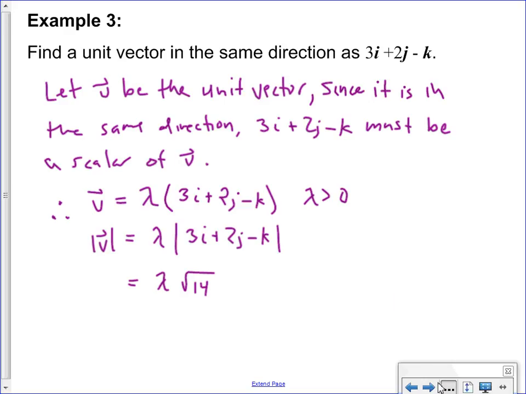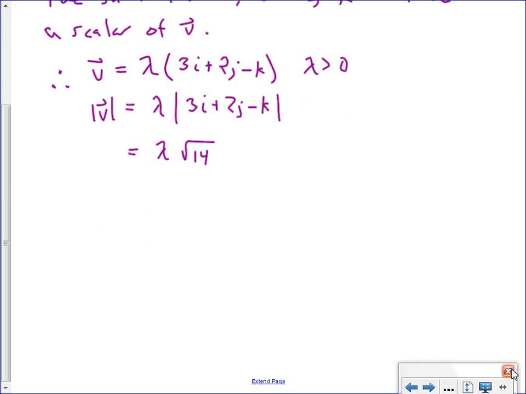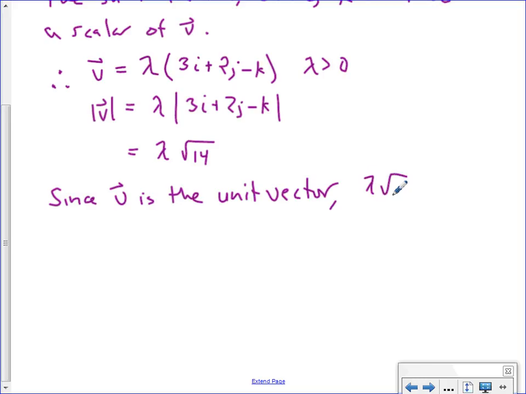Then since v is the unit vector, this is equal to 1.